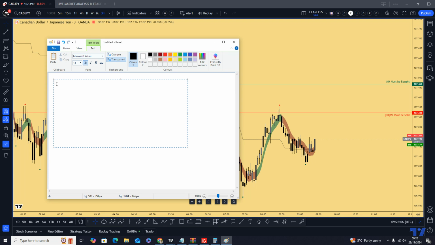So we say price will move in trends. That's the first principle, and the trends will move in waves. There are two types of waves.